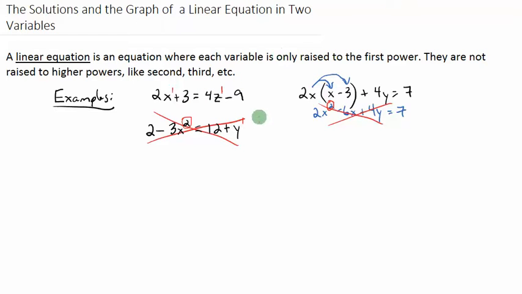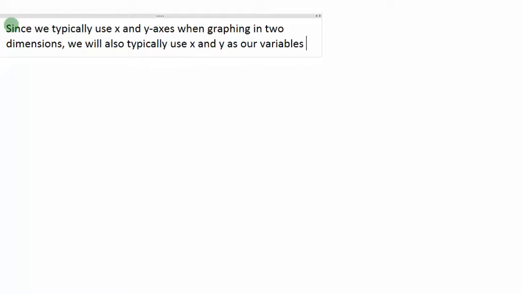We're going to look at linear equations in two variables and their solutions. Okay, so let's look at a linear equation in two variables. Since we typically use x and y axes when graphing in two dimensions, we will also typically use x and y as our variables when we work with linear equations in two variables.